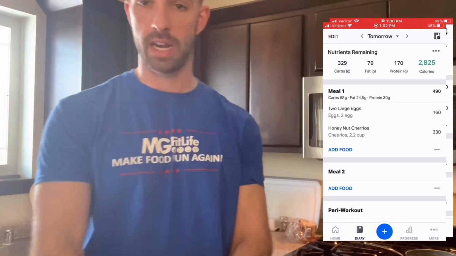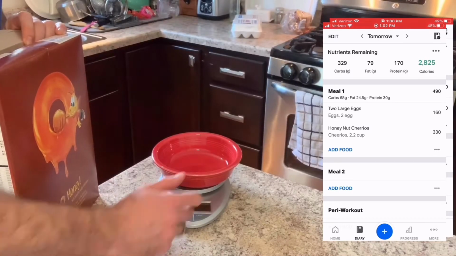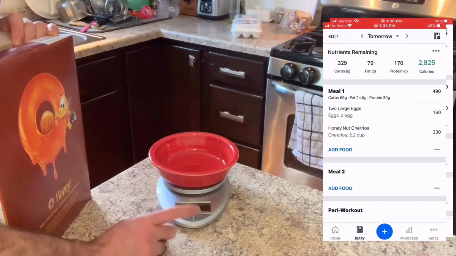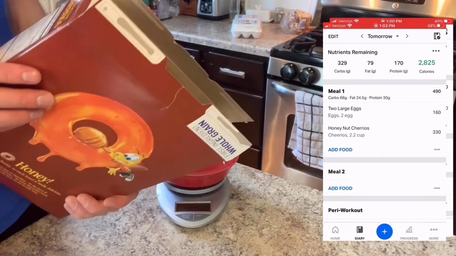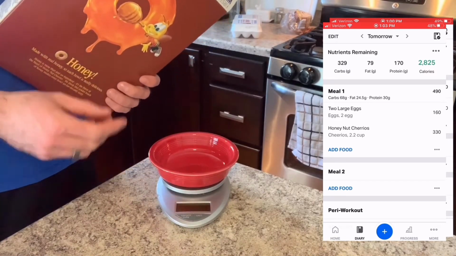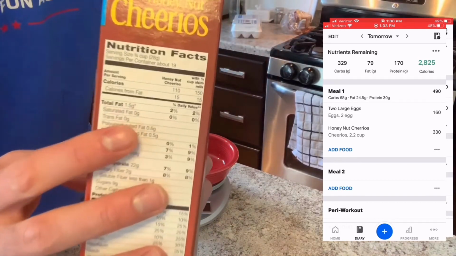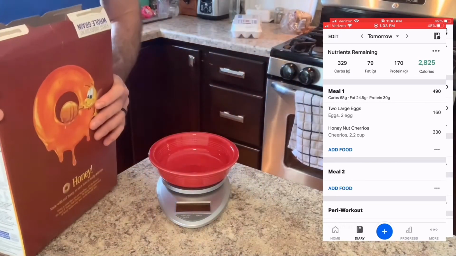So what we've got to do here is get the scale out. We've got the scale here. Again, we're putting the bowl on the scale, then we're going to zero it out. So now we have to do some math, right? We know that we needed 3 full servings to get our 66 grams of carbs. So we look at, what does a serving weigh? 28 grams.